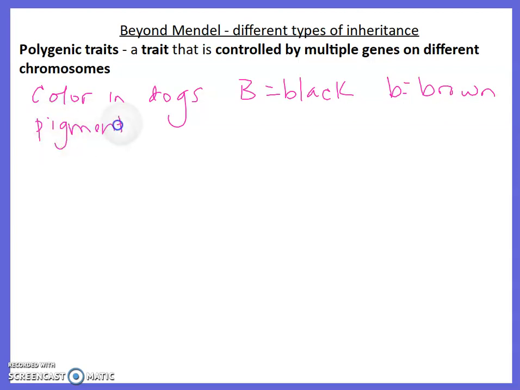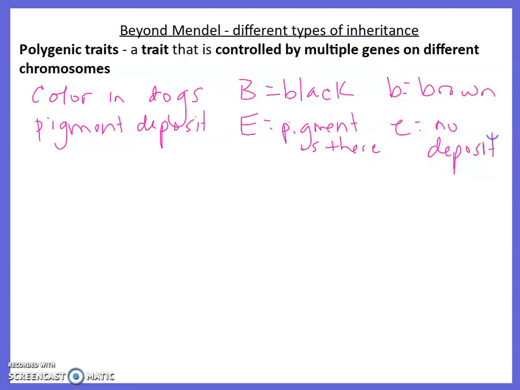And this one, we'll use capital E for the pigment is deposited, is seen or is there, and then lowercase e for no deposit, meaning that you won't see any pigment being actually put into the fur color. So both of these together contribute to the overall color of dogs.